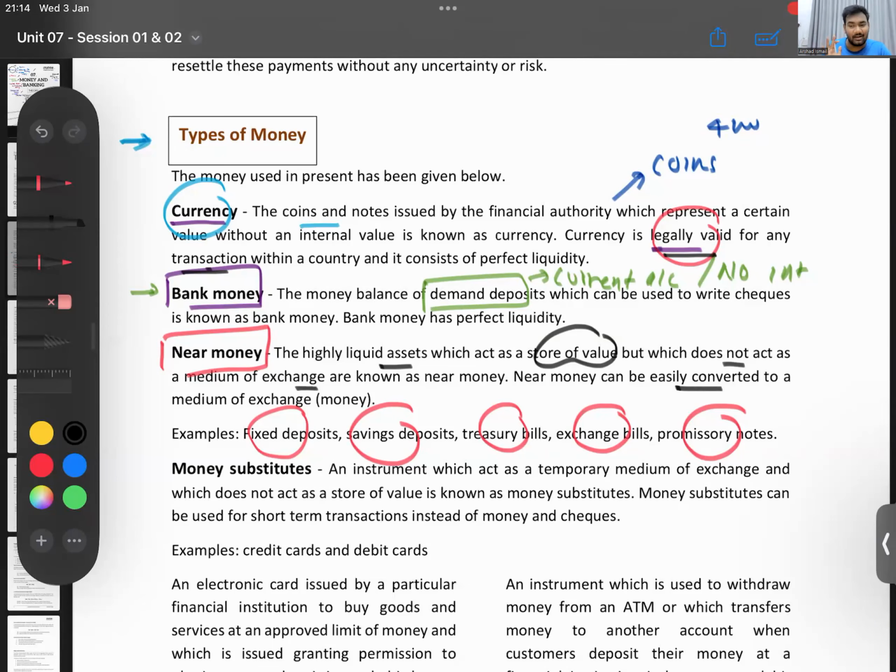That's considered near money. So only demand deposits or current accounts we consider as bank money. Then the rest of the assets, treasury bills, savings deposits, fixed deposits, we put under the category near money. Very simple things. Are those three okay?